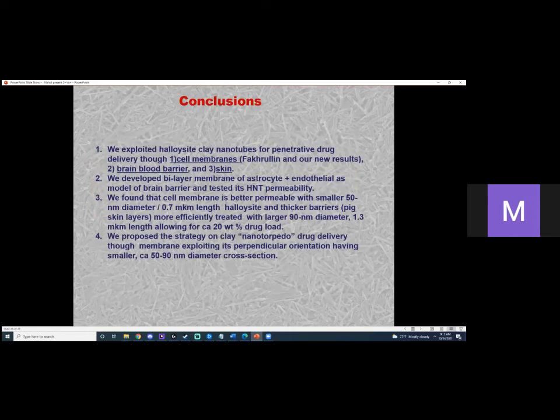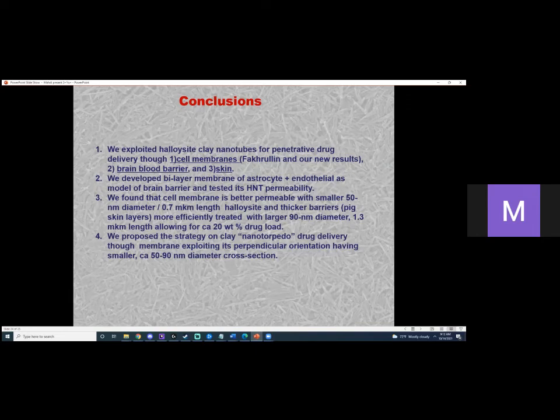In conclusion, we exploited Halloysite clay nanotubes for penetrative drug delivery through cell membranes, shown by Dr. Fakhrullin's work and our own new results, the blood-brain barrier, and the skin. We developed a bilayer membrane of astrocyte plus endothelial cells as a model of the brain barrier and tested its HNT permeability.